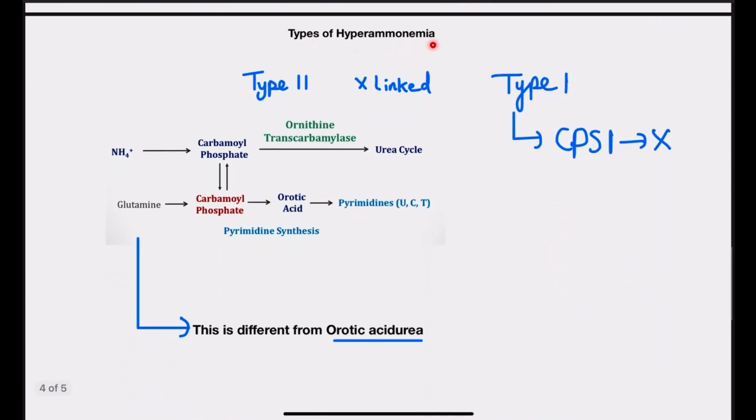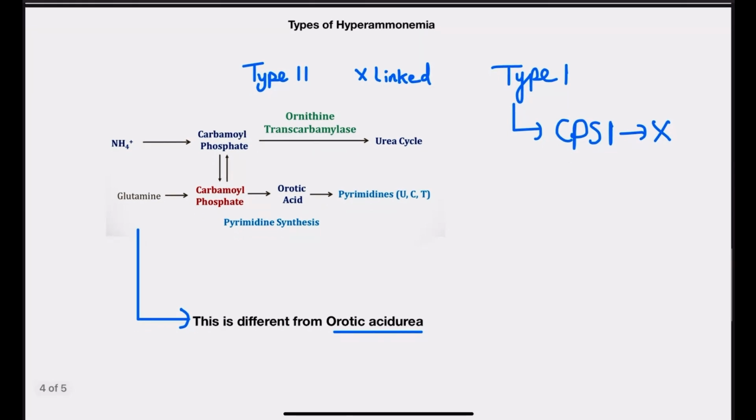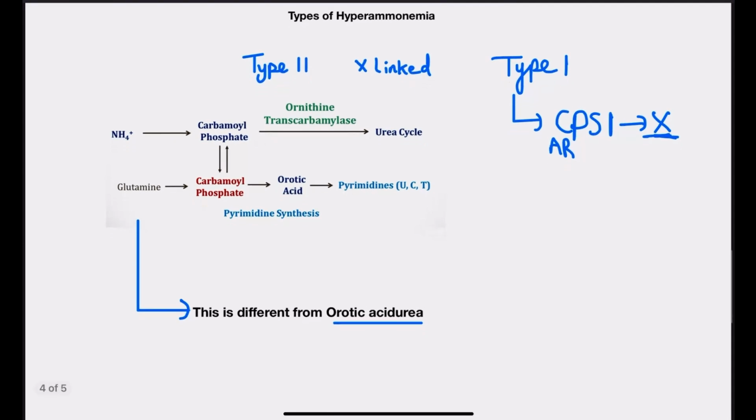So for the types of hyperammonemia, we have type 2, which is X-linked, and type 1, which is not X-linked. We do not have the enzyme CPS1, so it's not present here, so you have high ammonia levels. Simple as that. It's autosomal recessive in inheritance, as are the other types of hyperammonemia, but I'm discussing the most important ones right here.